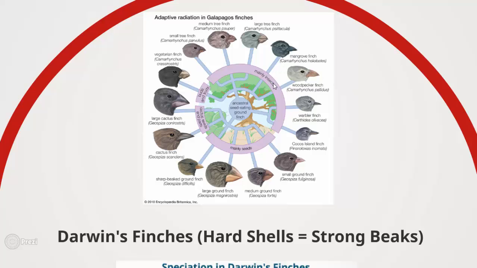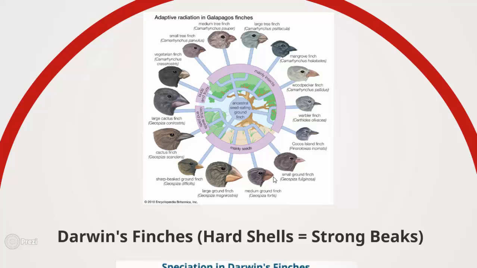Darwin noticed that the finches that ate mainly insects had a certain type of beak, and depending on what type of insect they ate, they had a different style beak. Although they're all finches. We have the small tree finch, ate from small trees. Medium tree finch, mediums. Large tree finch, the mangrove finch, the woodpecker finch, and so on and so forth.